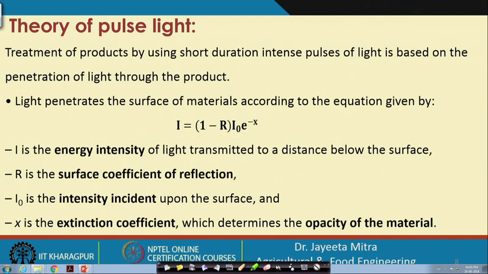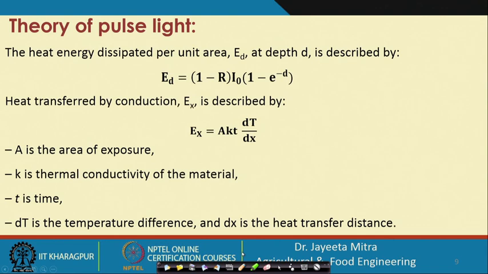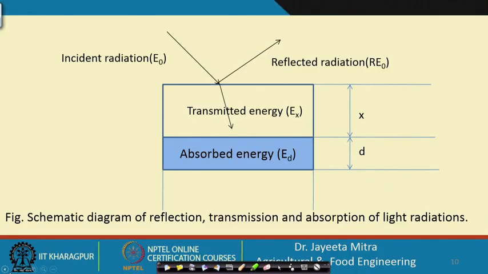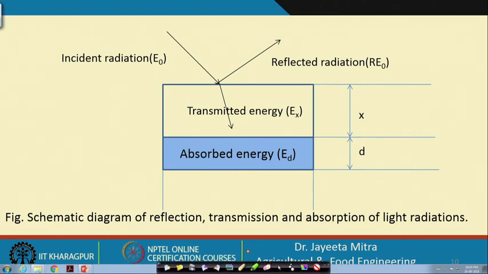If we see that diagram, first we will see that and then we will go back to those equations. So, when the incident radiation is coming, some part is reflected and some part is transmitted.